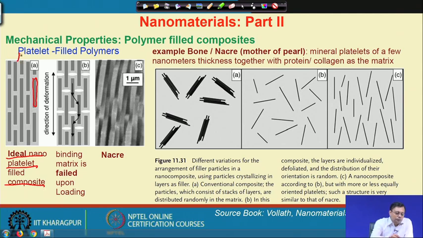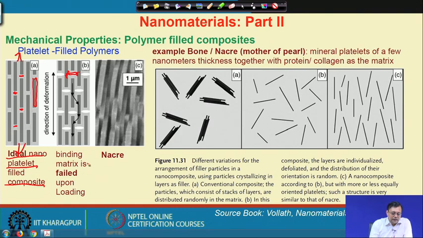If we apply some stress here, there will be some elongation, and beyond a certain strain a small crack will appear in between the particles or near the interface, and you can see this crack has been arrested by these two particles.